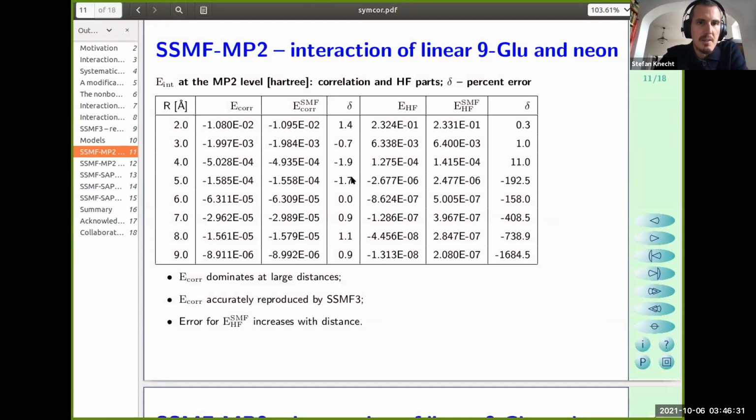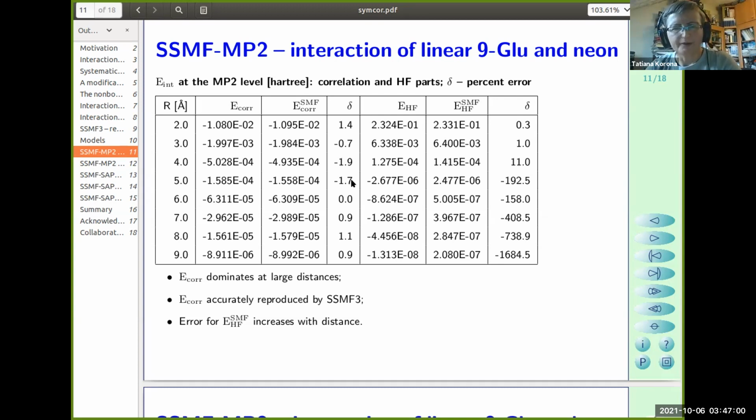Here the error seems to be first positive, then negative, and then positive again. So I did not quite get it. But I guess in your SAPT analysis, what is the reason for this behavior, that the error oscillates as a function of the distance between the neon atom and the chain?